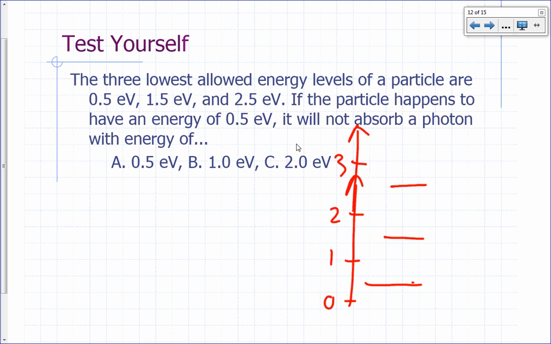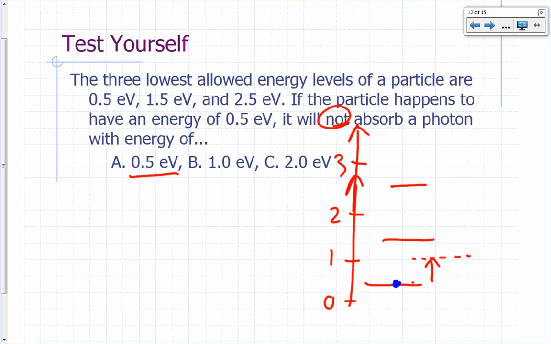Let's say you have a particle with an energy of 0.5 electron volts right here. It will not absorb a photon with energy of what? 0.5 plus 0.5 will only take it to 1, so it will not absorb 0.5.